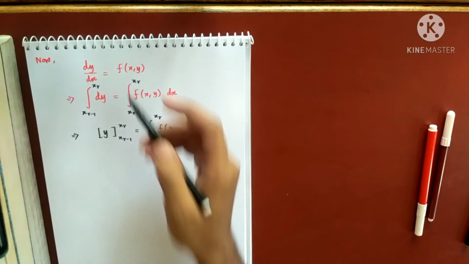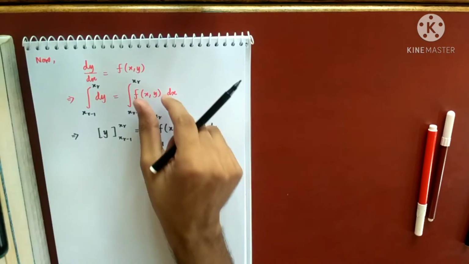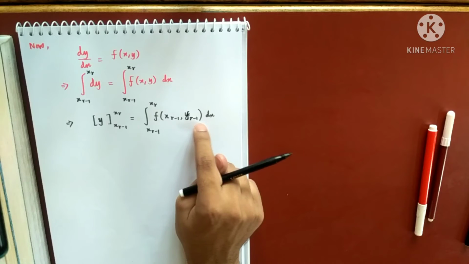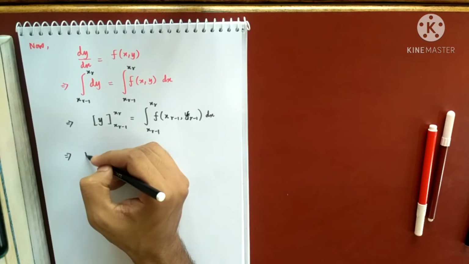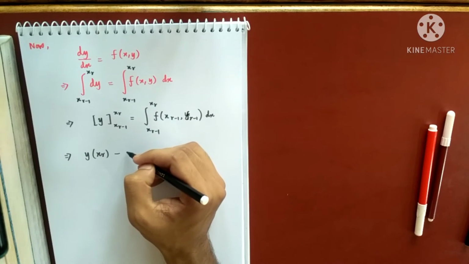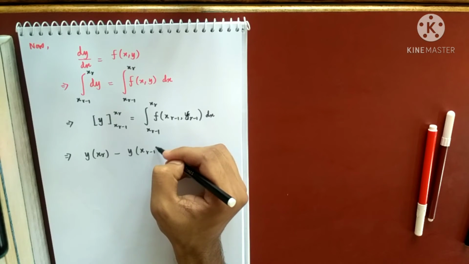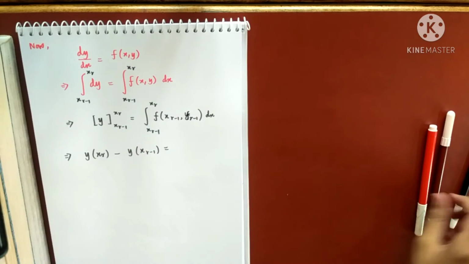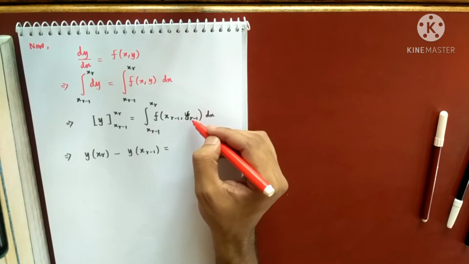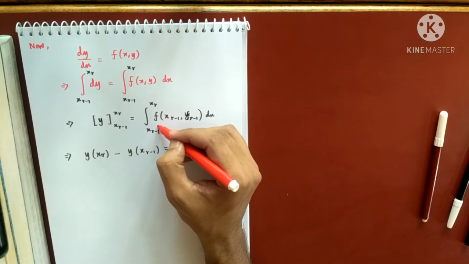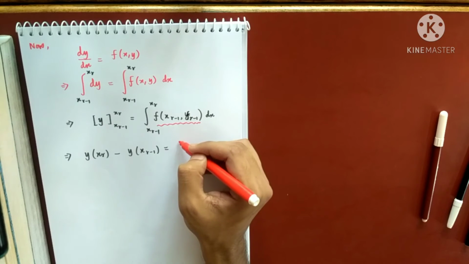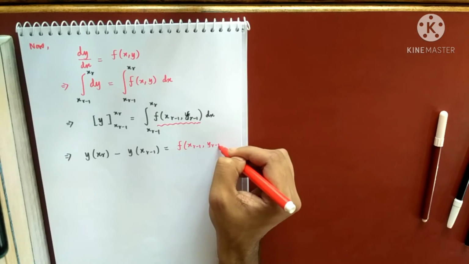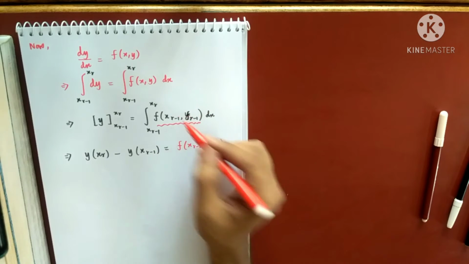Don't forget, in the r minus 1th subinterval, the value of this function can be approximated by f of xr minus 1, yr minus 1. This is y at xr minus y at xr minus 1, upper limit minus lower limit. This is just a constant because xr minus 1 and yr minus 1 are just numbers, so it can be taken outside the integration, and integration of dx is nothing but x.